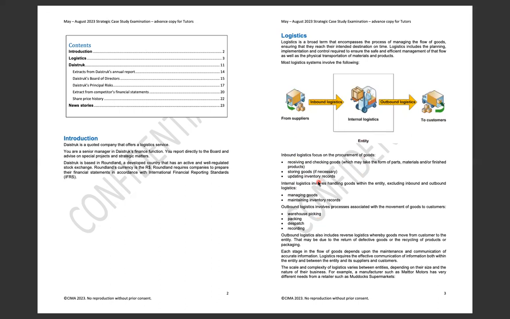We need to be able to make the process lean, right? Now, for instance, inbound logistics includes or involves receiving and checking goods, which may take the form of parts, materials, and or finished products, right?